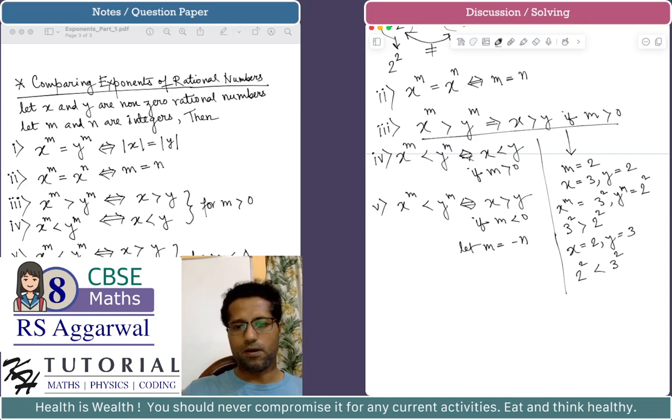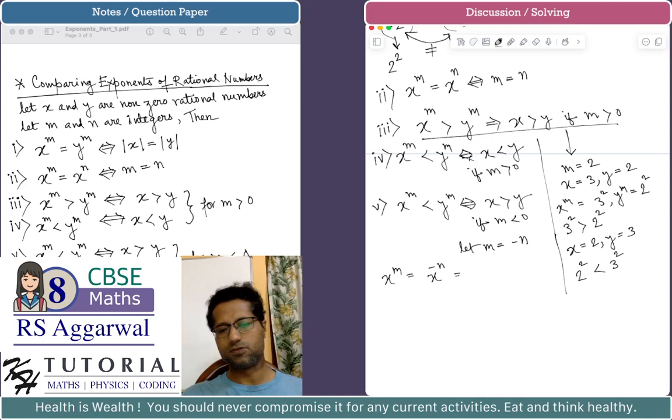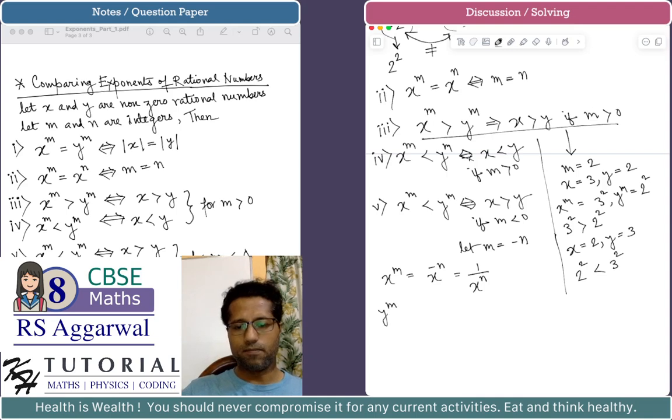So x to the power m is equal to x to the power minus n, and we know that x to the power minus n is nothing but the reciprocal of x to the power n, that is, 1 by x to the power n, and similarly y to the power m will be equal to y to the power minus n, which is 1 by y to the power n.